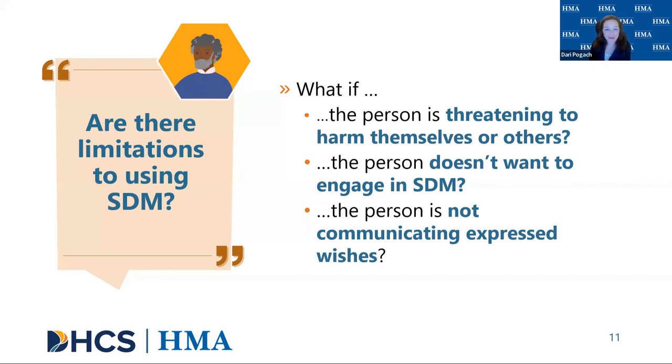And then finally, what if the person isn't communicating their expressed wishes? In that instance, first, it's important that the volunteer supporter, if they're aware of any previously known wishes or legal documentation of the person that articulates those wishes, like a power of attorney or a psychiatric advance directive or a living will, the supporter can, of course, advocate with the person's treatment team and whoever else at that point is making decisions on behalf of the person to consult with these previously known wishes.